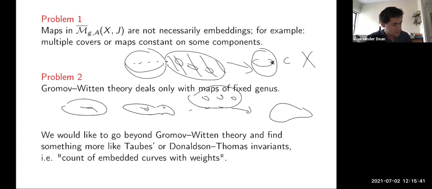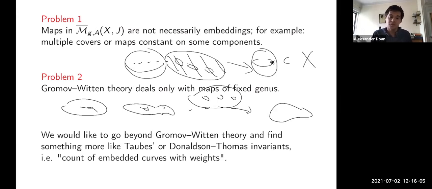And also, if you are interested in the problem of finding a symplectic analog of Donaldson-Thomas theory, then you quickly realize that it has to be something very different from Gromov-Witten theory, because in Donaldson-Thomas theory, as I said, you count these subschemes and you only distinguish them based on their homology class. You don't prescribe the genus of your curve.